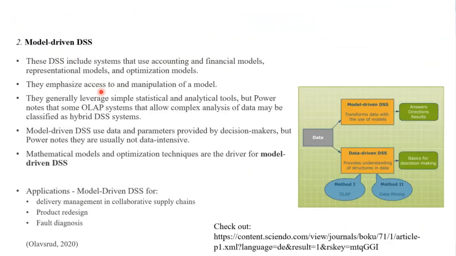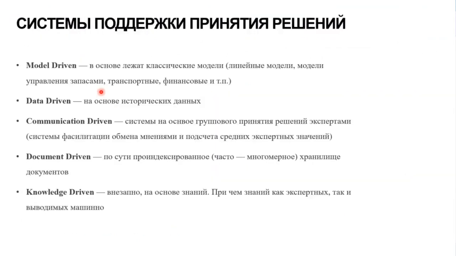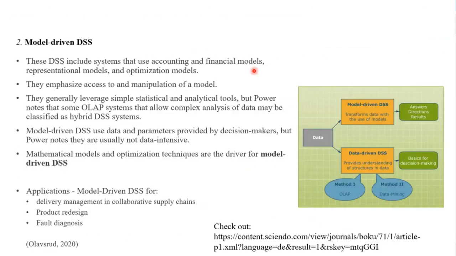Now, model-driven DSS is the second category. It's a different kind of decision support system. Model-driven DSS includes systems that use accounting or financial models, representational models or optimization models.